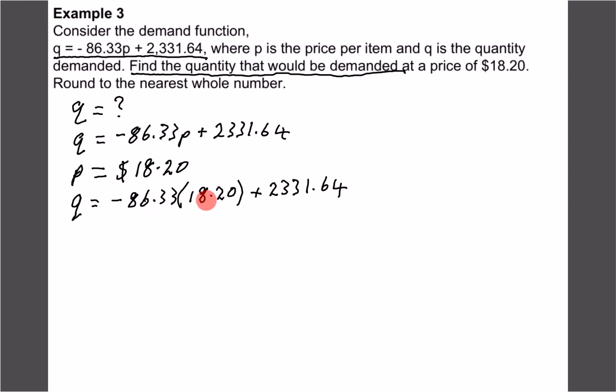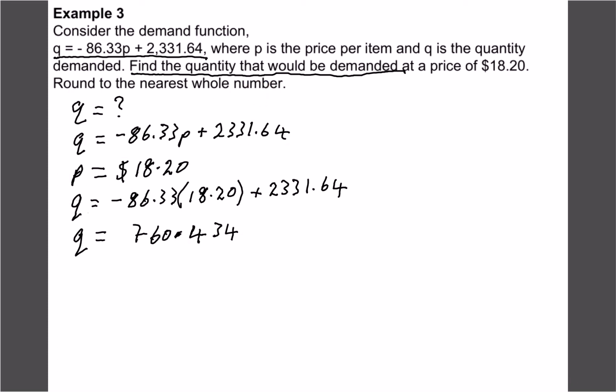All we do now is we evaluate this right hand side. So we just put this in a calculator the way it is, and that should give us the value of Q. So if you put that in your calculator, you should have Q equals 760.434. But remember, the question said we should round our answer to the nearest whole number.